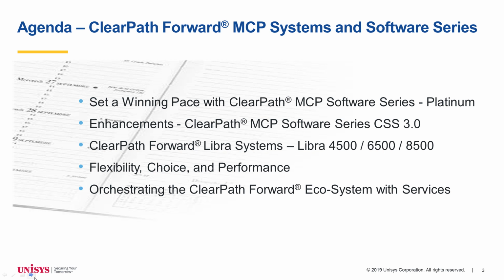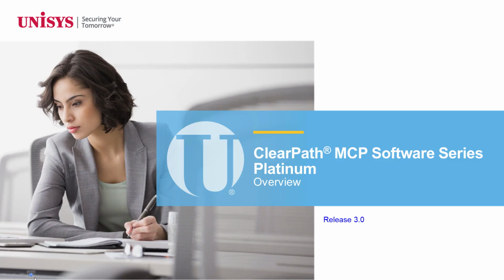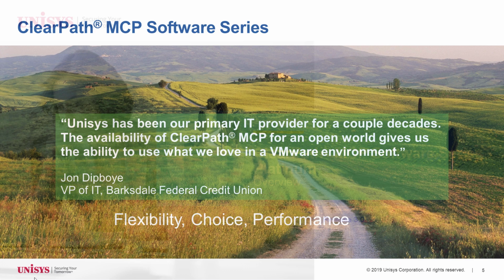And then I want to go over how to choose between Software Series and our Libra product line. So we'll be talking about all of those different items, and then we'll be talking about services, and Steve Cause will be telling you about the new services that will be offered with Platinum. So with that, I'll go ahead and get this kicked off.